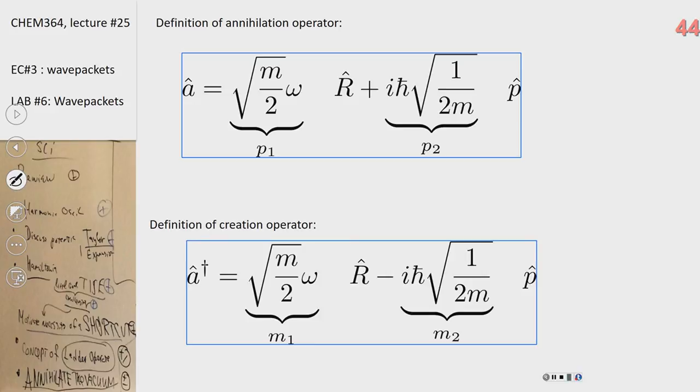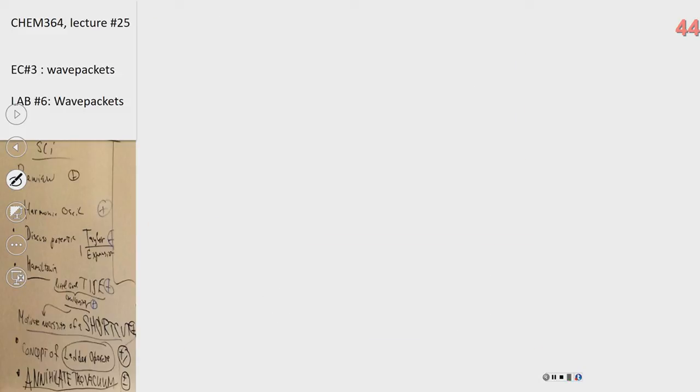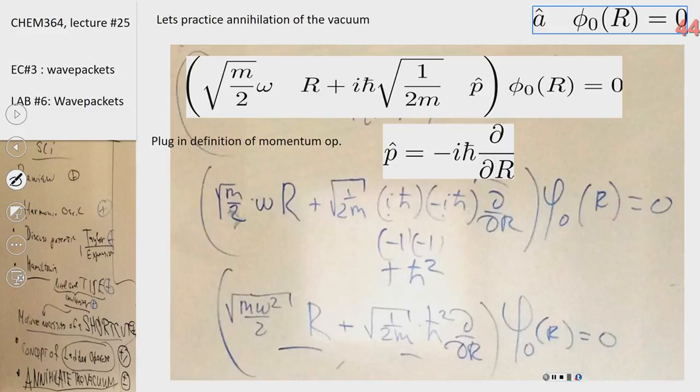I will quickly jump through the solution that will come to this Gaussian shape, since we may repeat it on Monday quickly once again. So, if we apply this, we annihilate the vacuum: operate the A operator on the unknown ground state. It should give 0.